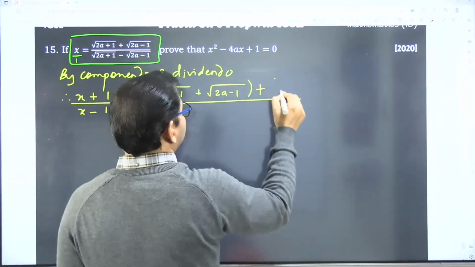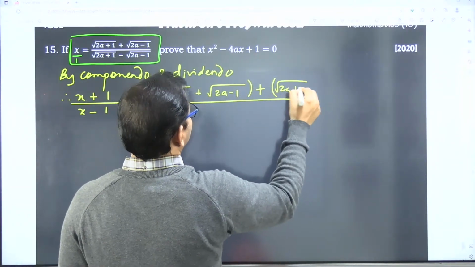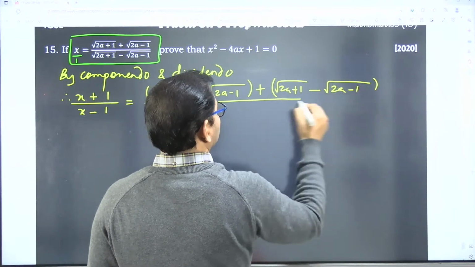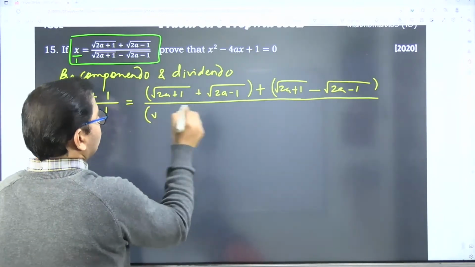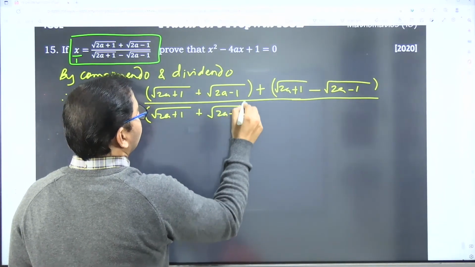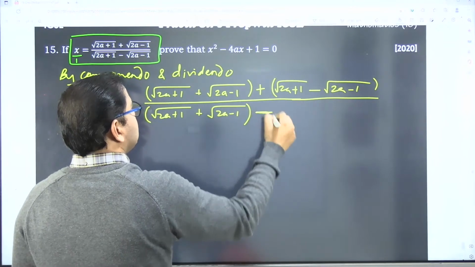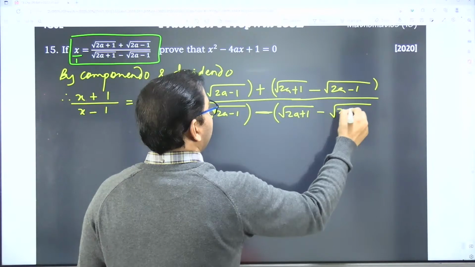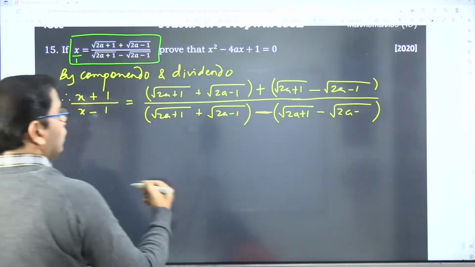Numerator plus denominator is 2a plus 1 minus under root 2a minus 1. Same thing here, root 2a plus 1 plus root 2a minus 1 numerator. Only difference is this minus sign upon root 2a plus 1 minus root 2a minus 1.